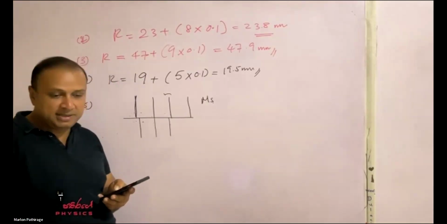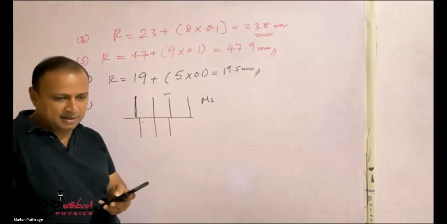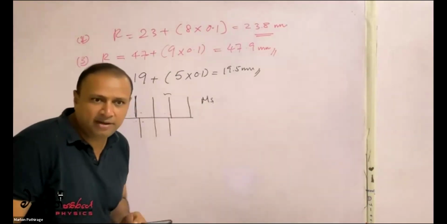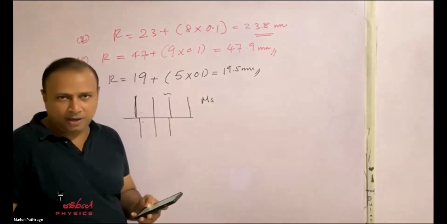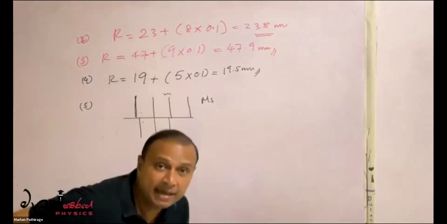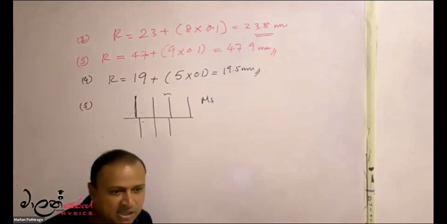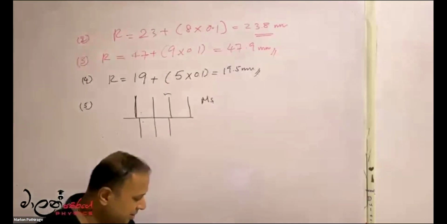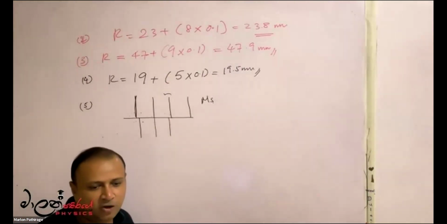Second one: in the main scale you can read up to 0, then the overlapping point is 6 point, therefore 6 into 0.1, that means 0.6.